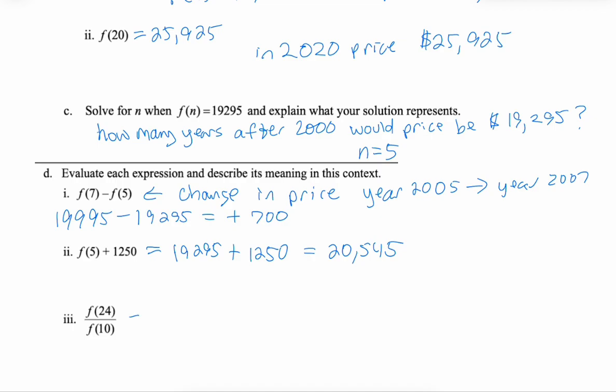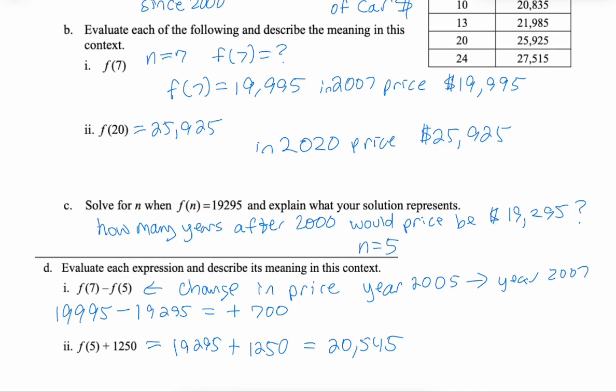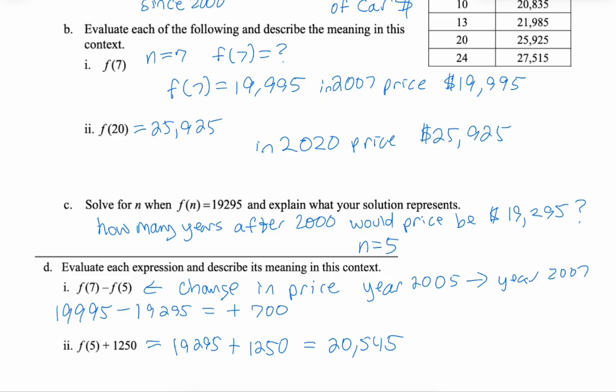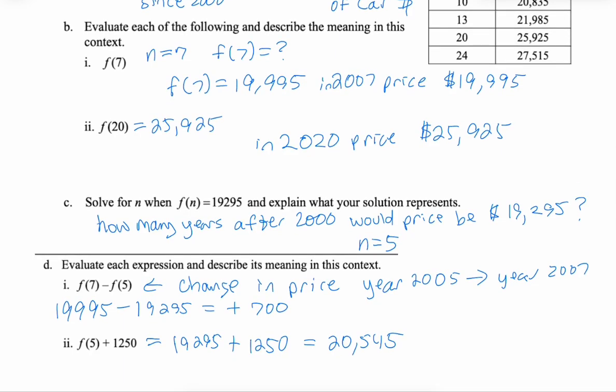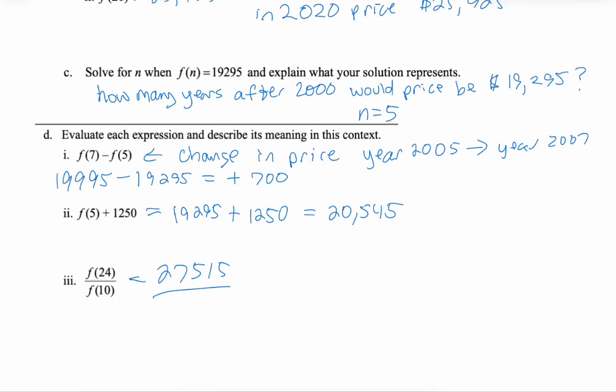And this was, how many times would the price in 2010 go into the price in 2024? How many times bigger is the price in 2024 compared to the price in 2010? So that's 2835 if you look up on the chart.